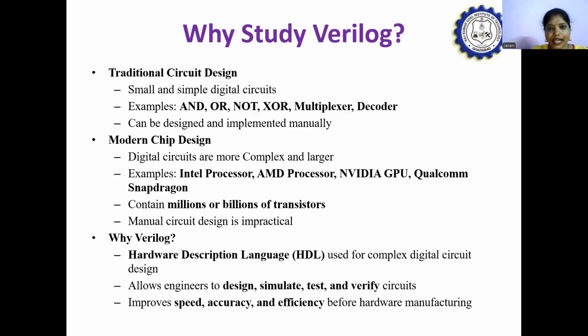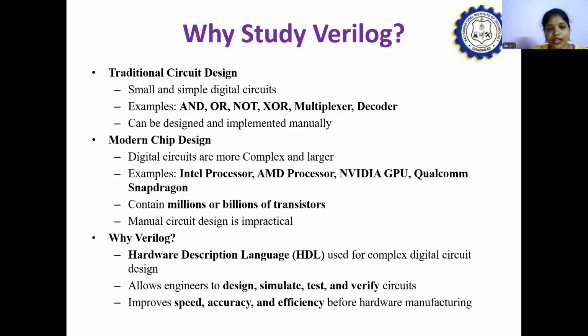The hardware description language is mainly used to design complex digital circuits. In the hardware description language, we are not going to draw the digital circuits manually. Instead, we are going to write code. With the help of the code, we describe the functions and behavior of the circuits.